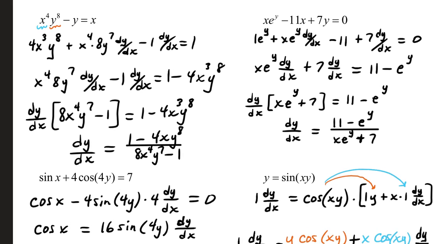Top left, we have the product of x to the fourth and y to the eighth minus y equals x. This first term is going to require product rule. It's the product of x to the fourth and y to the eighth.